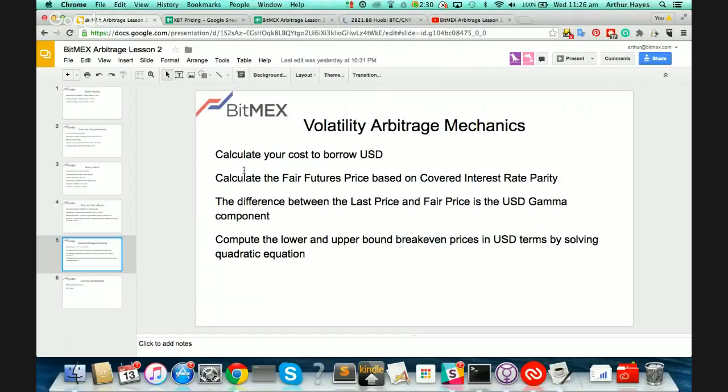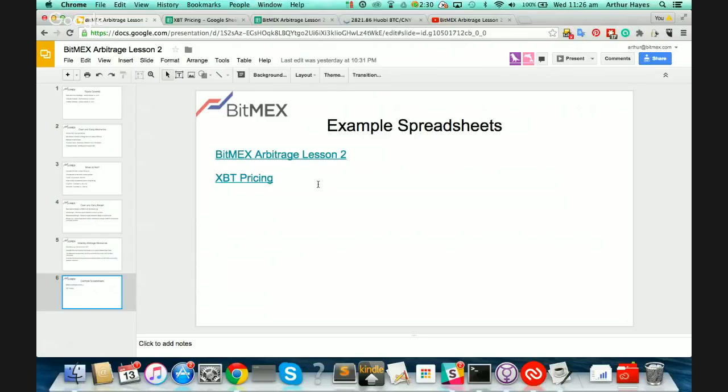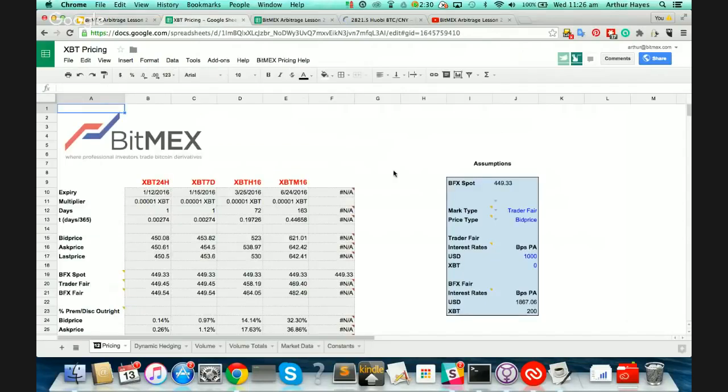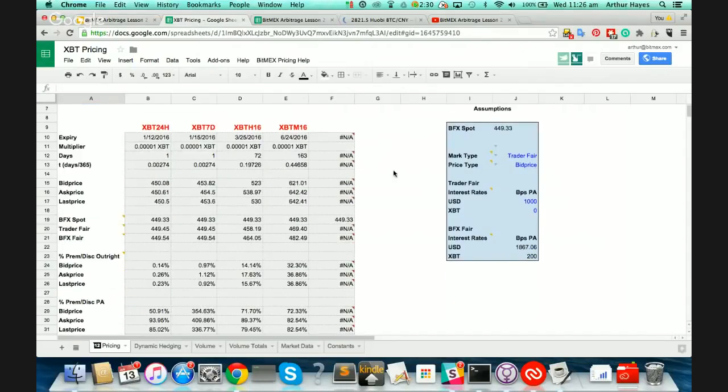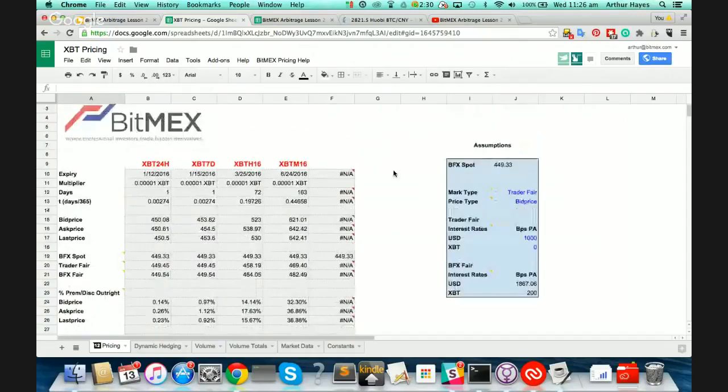So if you don't have access to the spreadsheets, the links are in the BitMEX arbitrage lesson 2 slide deck. Now, again, we referred to this XPT pricing spreadsheet in the last lesson.